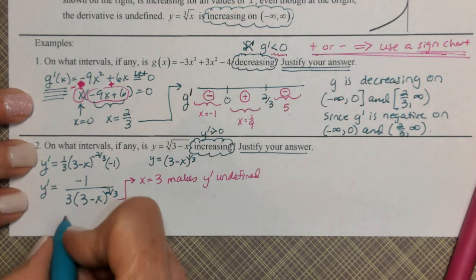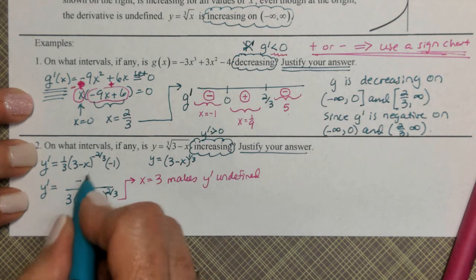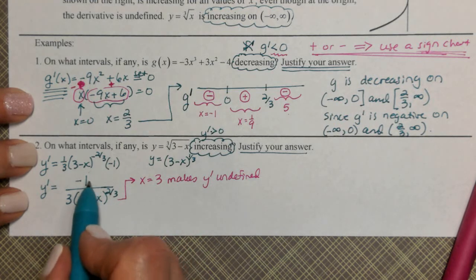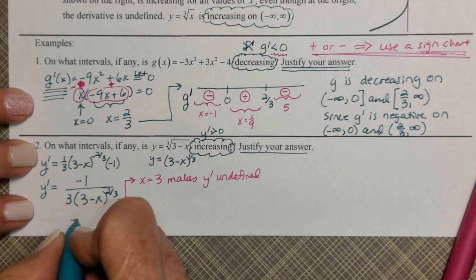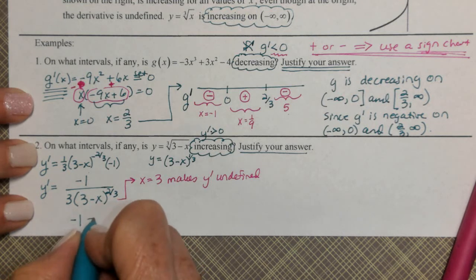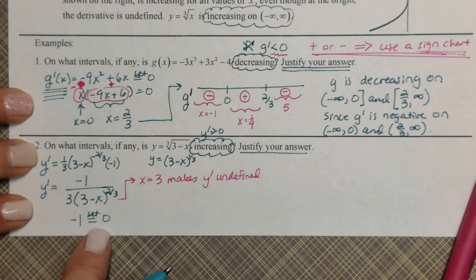Okay. Now I take my derivative and set it equal to 0. When you set your derivative equal to 0, you are only looking at your numerator. So my numerator is negative 1. And if I set that equal to 0, well, that's impossible. There are no values of x that would make that true.